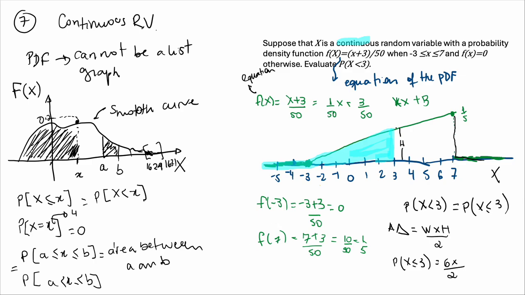This f of x is spitting out to me the value that the curve has at a particular point x. So think about this. I want to find the value of f of x, of this curve, when my x is 3. So I will evaluate f at 3. So this will be (3 plus 3) over 50.